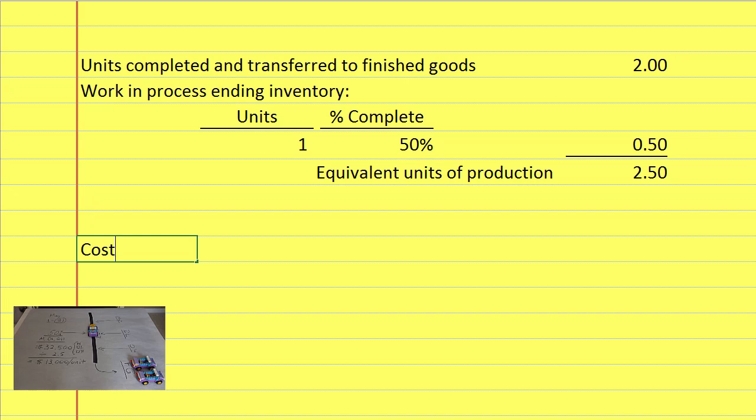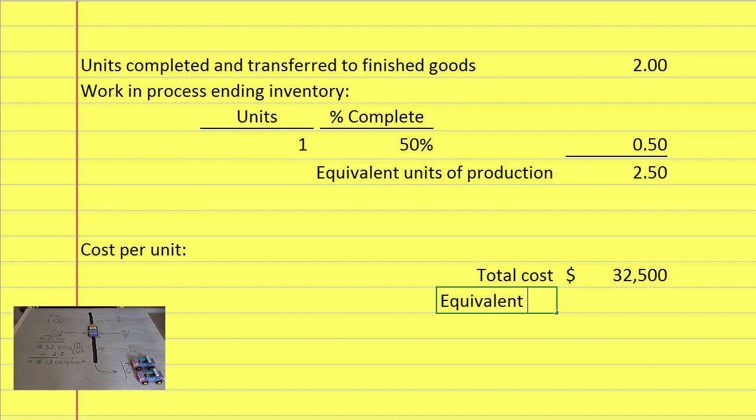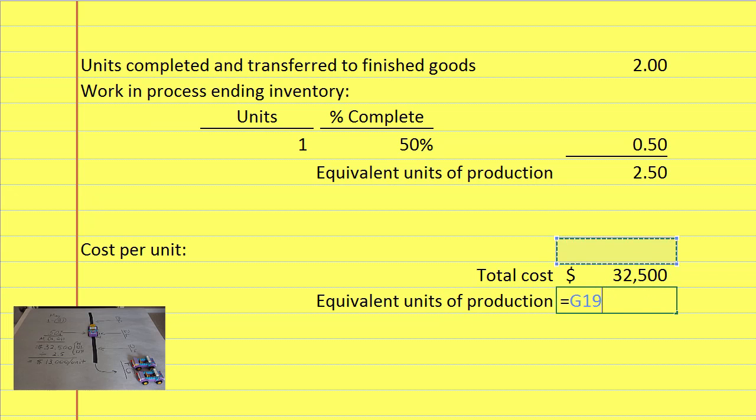So let's go down here and take a look at cost. I have total cost incurred for the month of May, materials, labor, and overhead of $32,500. And my equivalent full units of production for the month of May, let me right align that and put equivalent full units right there. Don't type it in a second time.